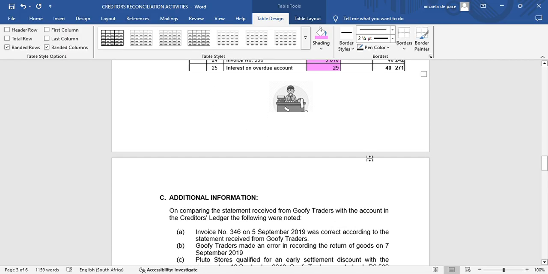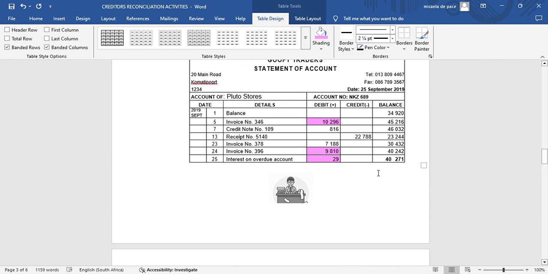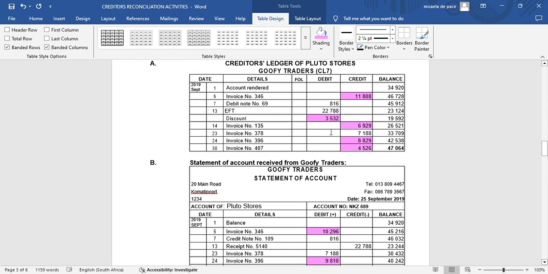Invoice 346 was correct according to the statement. So they are right, which means we are wrong. They recorded 10296 and we recorded 11808. Remember what I told you: first of all, get the amounts in the correct column and then decide if it's plus or minus.